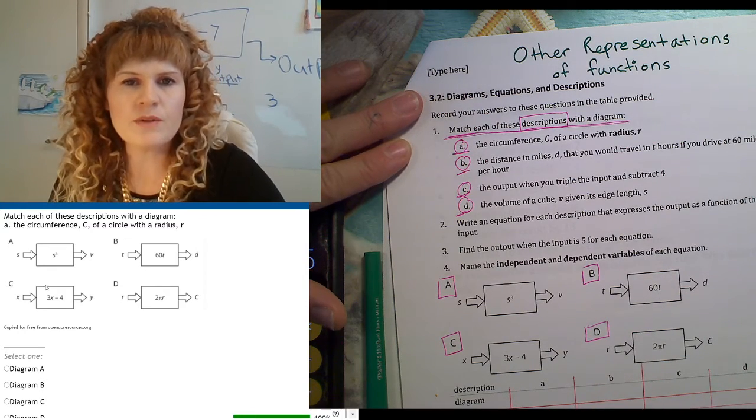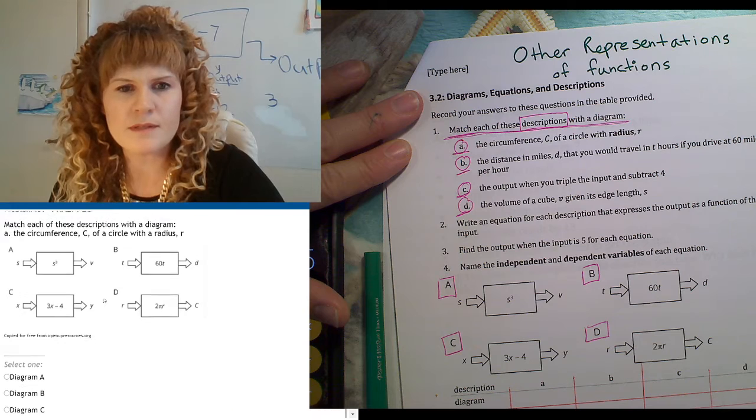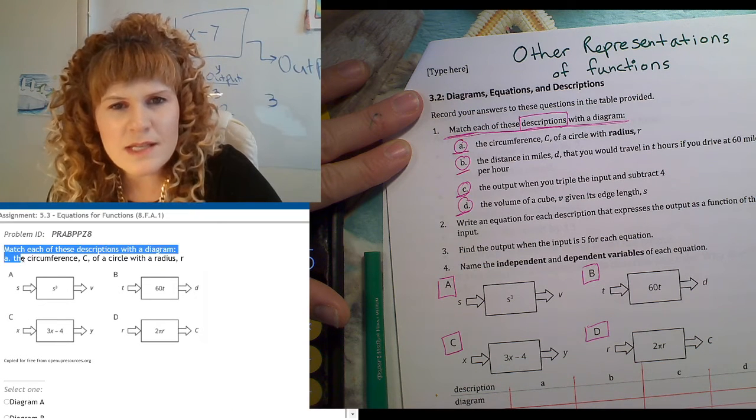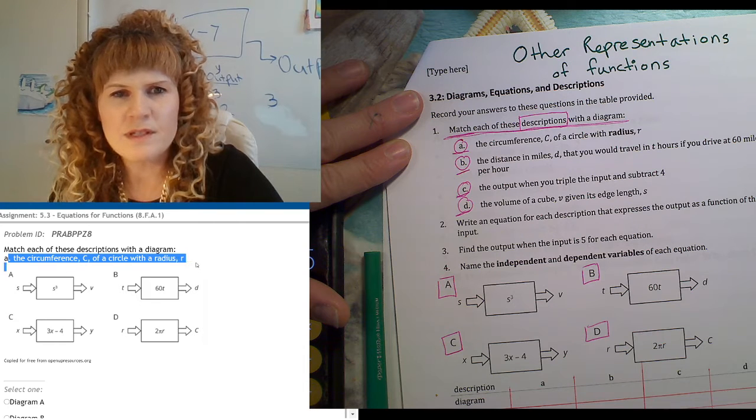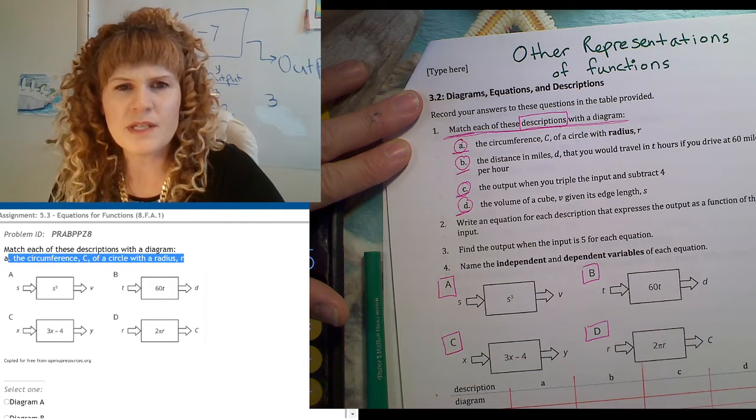On your screen, you see the 4 diagrams, and it's hard to see that this is the description here. They're only showing you A first. So there's description A.